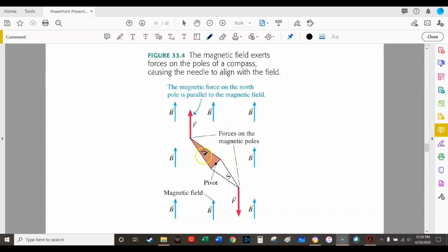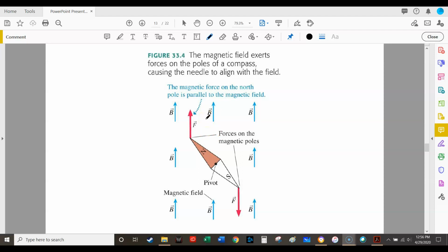And you'll note that this compass needle will start to align itself in the direction of the magnetic field. Now, in physics, we represent the magnetic field with a capital B. It's named after the Biot-Savart law, okay?